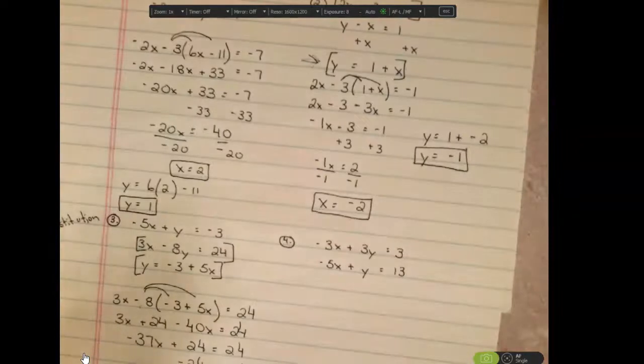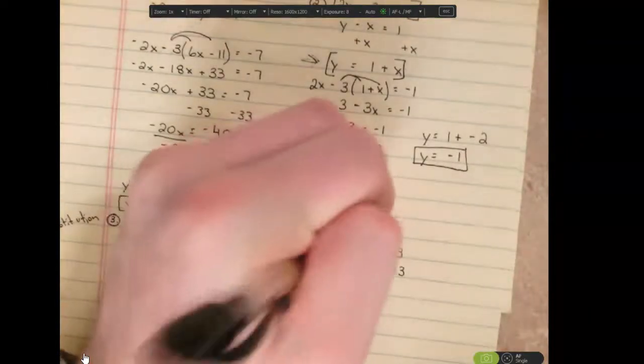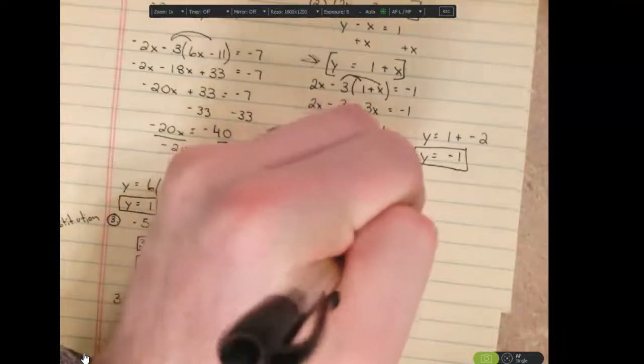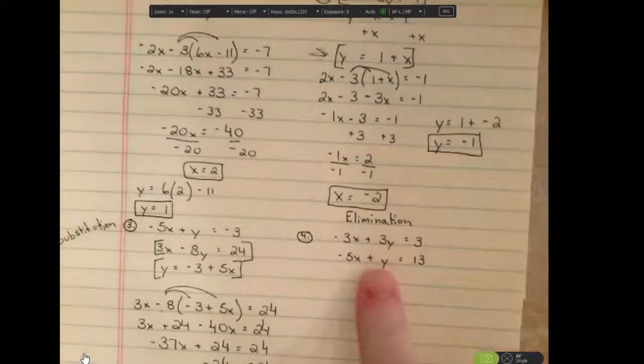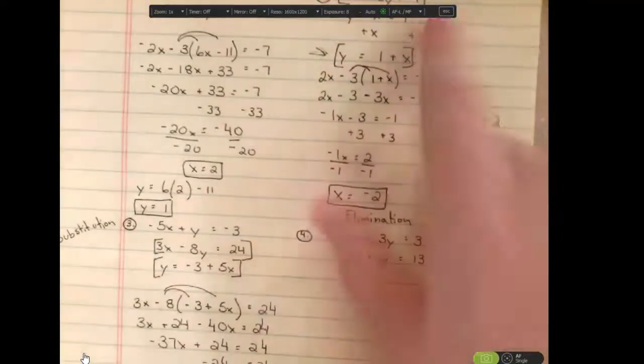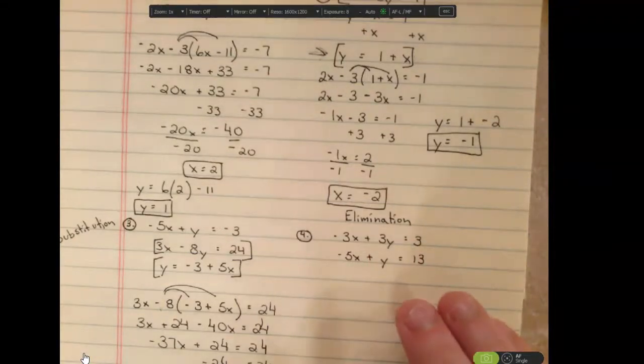Let's go ahead and let's get started with number 4. On this section, number 4, 5, and 6, we're going to solve these through elimination. And notice, guys, this problem looks very similar to what 1, 2, and 3's setup is. They all have 2 equations. They all have an x and a y. They're very similar.